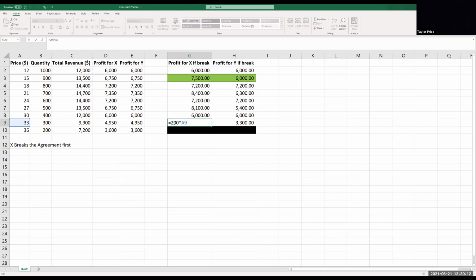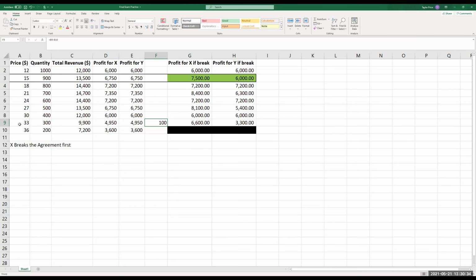Yeah, so for this one, assume that at 300, since X is the firm that cheats, you take the new quantity minus the old quantity, and X is going to produce that entire additional quantity. So at $33? Yeah, at $33.